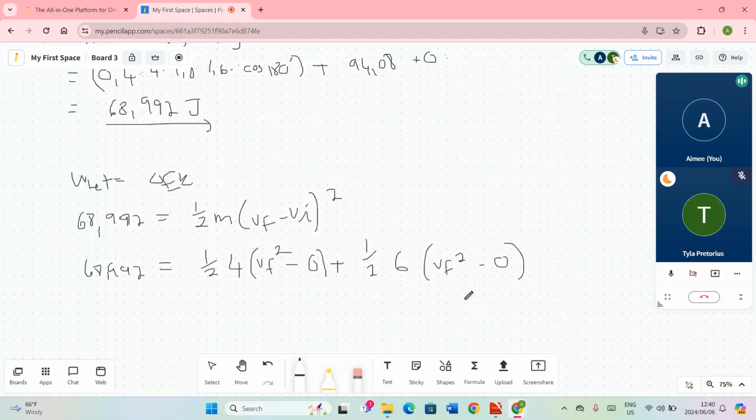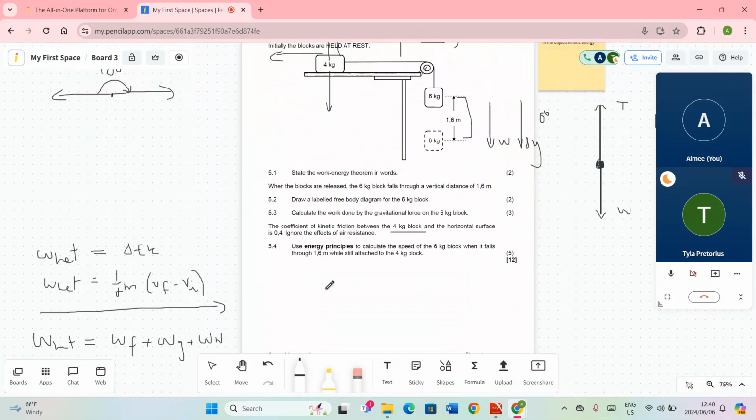Okay, so you could actually even just say 6 plus 4 and do half 10 times Vf squared minus 0. But you substitute all of that away and you get a final velocity of the system, which is equal to 3.71 meters per second. Okay, and that's for question 5.4.